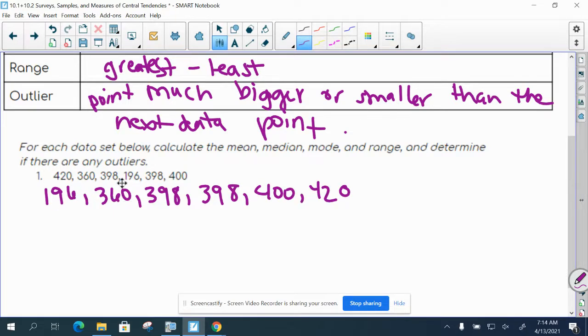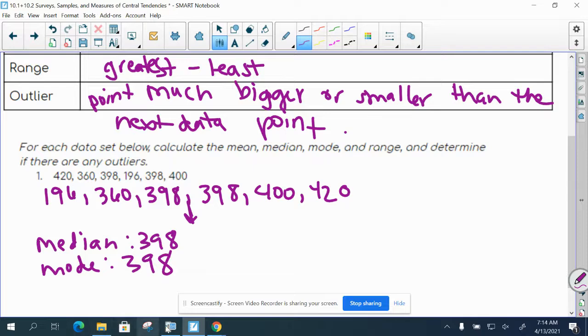Okay, so there are 6 different values. So the median is going to be in between the third and the fourth one. Normally we would take the average, but since they're the same number, the median is going to be 398. Your mode is also going to be 398.